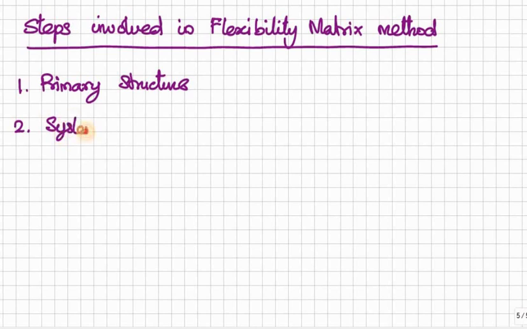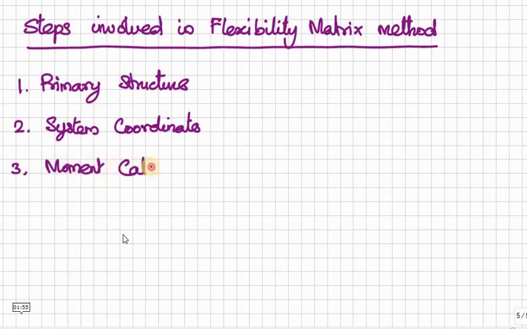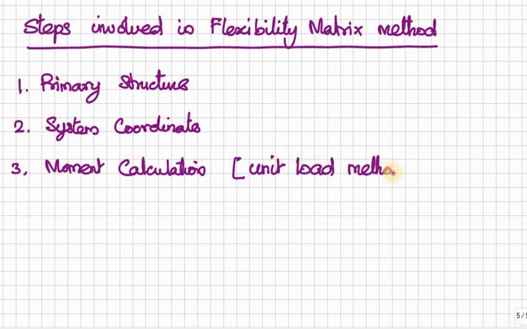Then we have to assign numbers, that is system coordinates, at wherever we remove redundant reactions. Then using unit load method, we have to calculate moments for external loads as well as unit loads acting at system coordinates.